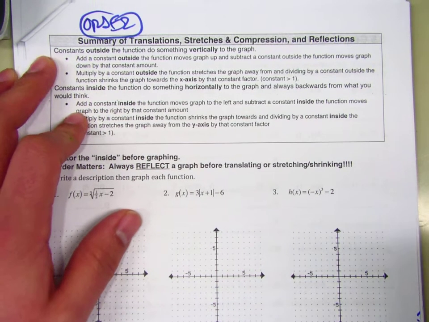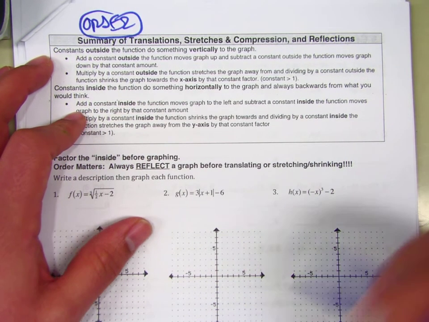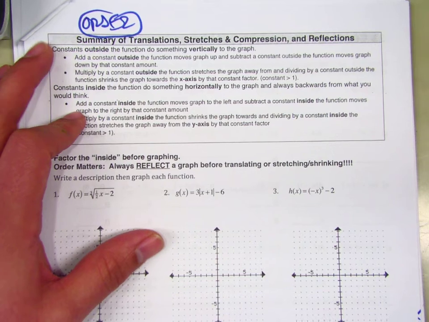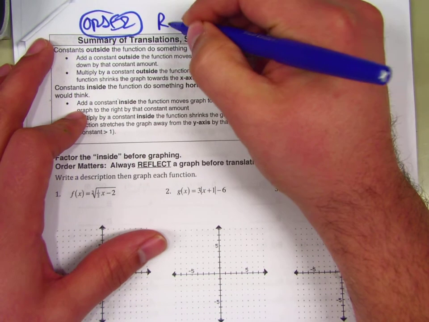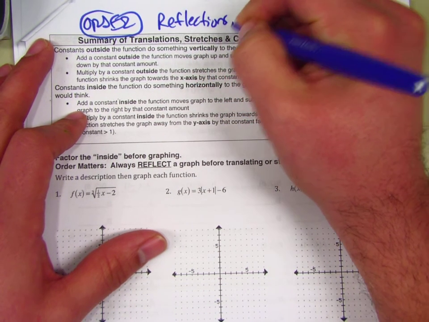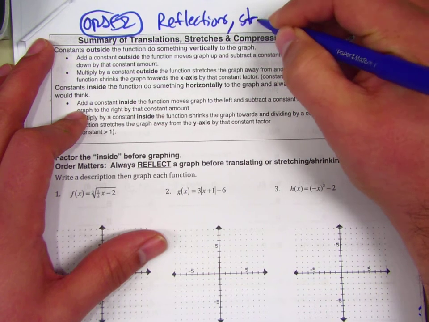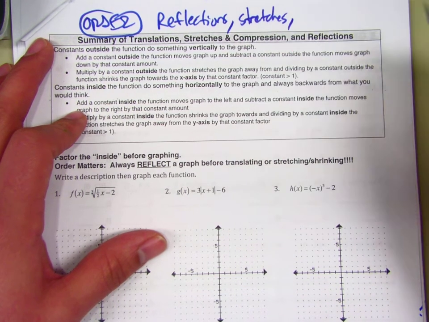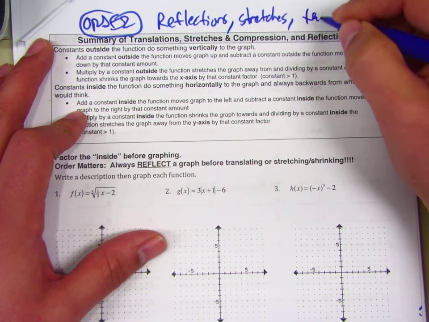If there's more than one thing that you have to do, the order that you do things in is reflections first, then stretches, and then translations.